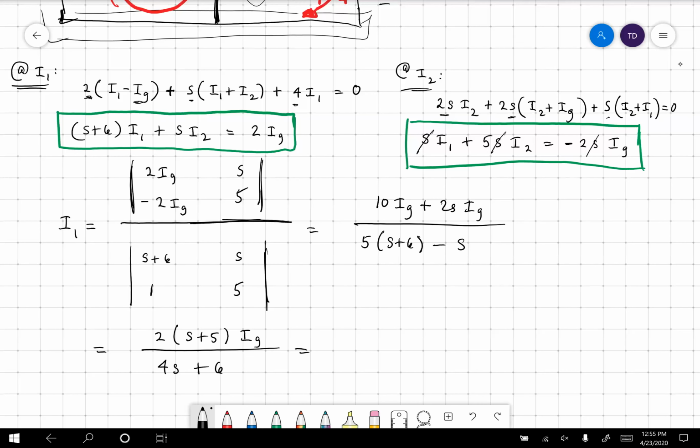Let's pull a factor of 2 out of there. It's 2 times S plus 5 times IG, divided by 2 times 2S plus 3. Cancel, cancel, and there it is. So this is I1: I1 is equal to S plus 5 over 2S plus 3 times IG.